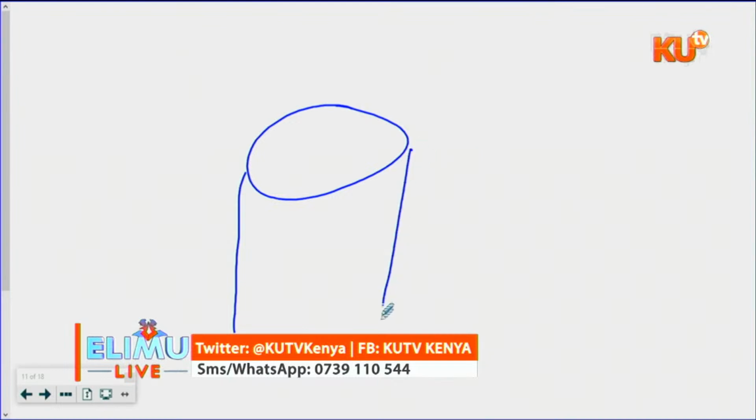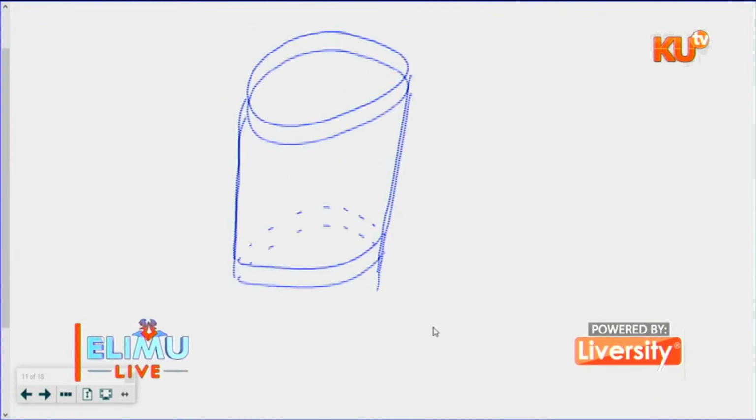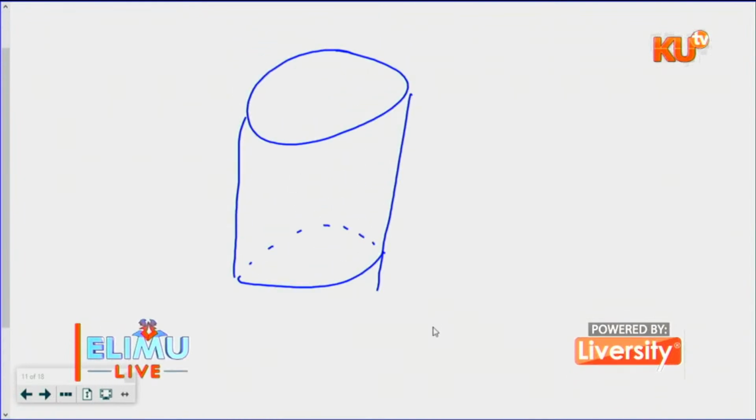Leon will have this diagram here. This is a diagram of a cylinder. Now, how many faces do we have? In this cylinder, we talk of 3 faces.